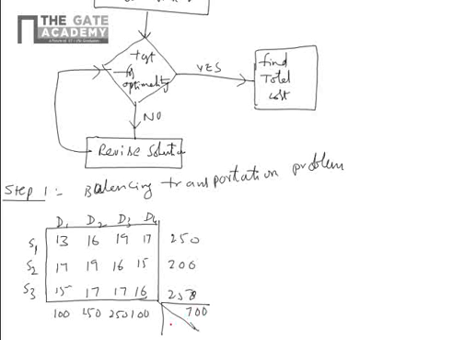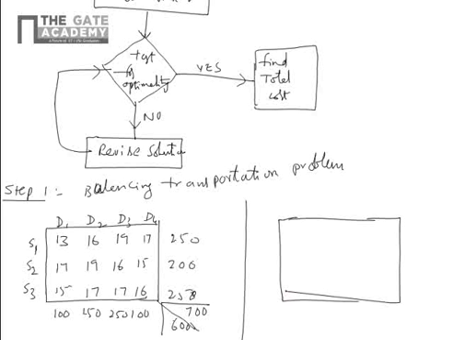The demand is only 600. So this is unbalanced, and we first balance it. Balancing means adding one dummy demand. Suppliers 1, 2, 3 and destinations D1, D2, D3, D4, D5, with 0, 0, 0 cost for the dummy, and add a demand of 100.